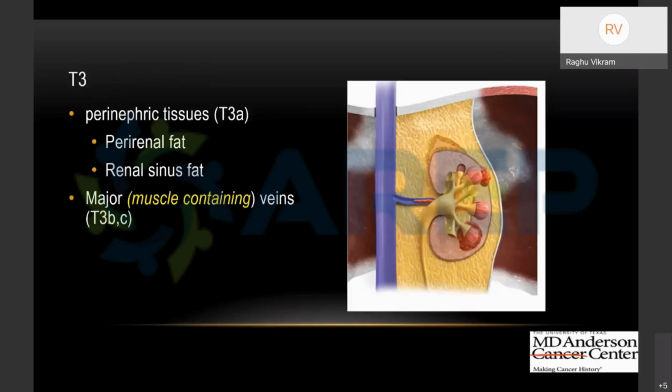Now, when it comes to T3, there are some T3s which are more important than the others. If the tumor is just going into the perinephric fat, it may not be that important. Of course, there is a prognostic indicator, but the surgeon will remove it anyway, along with the fat.